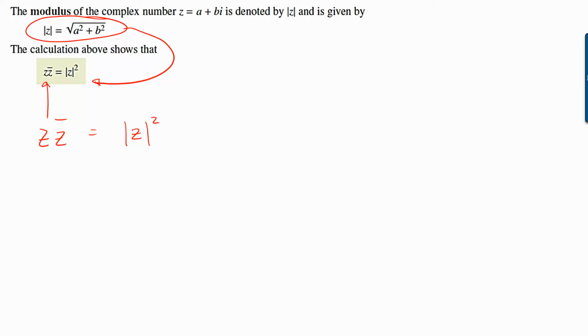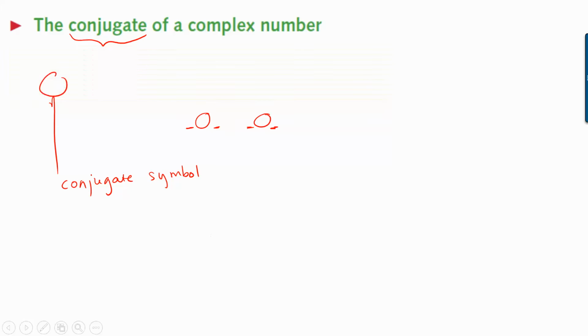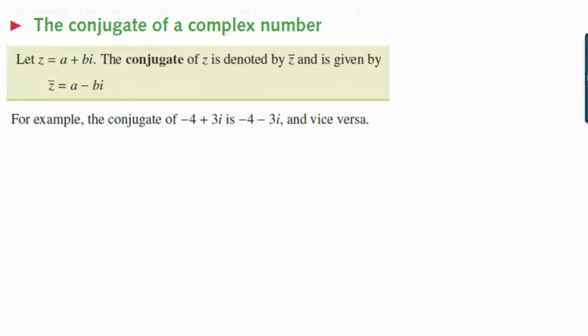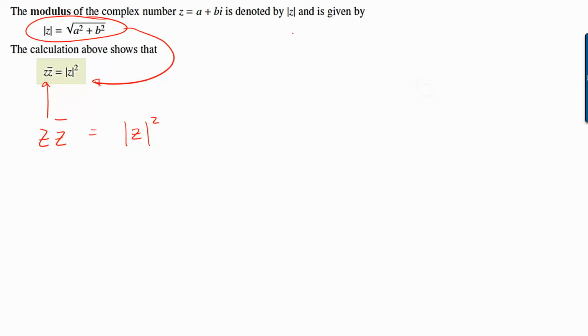Z times Z conjugate. Let's say Z was A plus BI. Then the conjugate of this would be A minus BI. Fair call? Okay. So in the multiplication of the 2, Z times Z bar is equal to A plus BI multiplied to A minus BI.